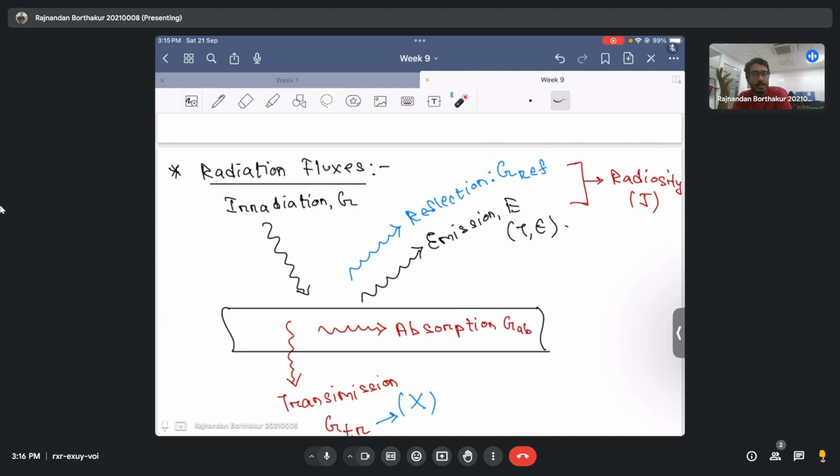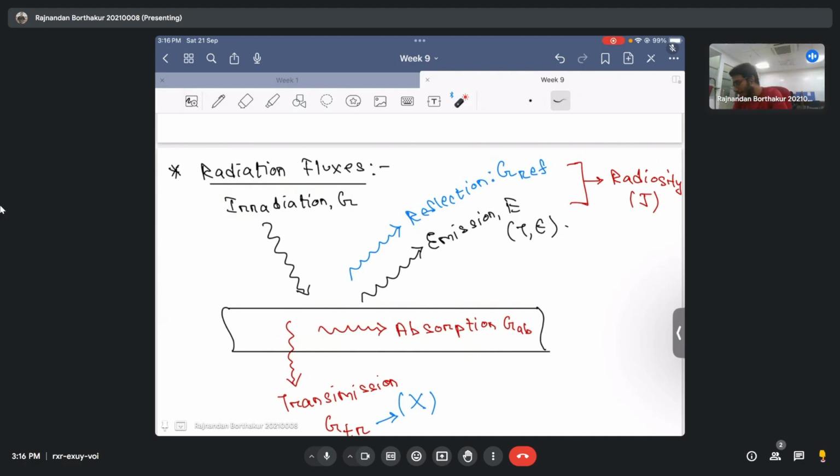But the very surface on which the irradiation is falling is also at a finite temperature T. This T in principle has to be greater than 0 Kelvin for emission to take place from the surface. So a surface at temperature T also emits radiation due to its own temperature.